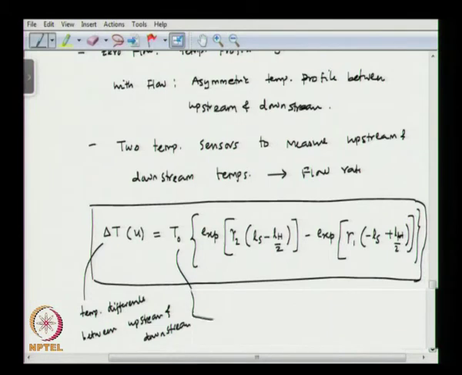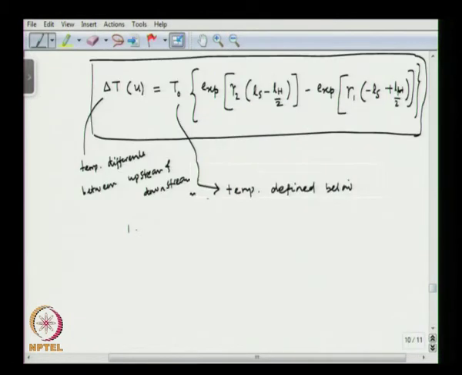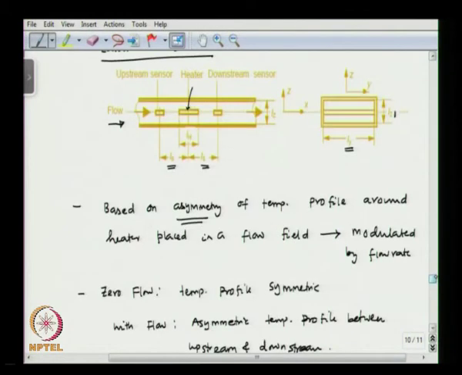We have an expression for this T0, the temperature defined below. 1 is for upstream and 2 is for downstream, as you can see here. So, this is going to be 1, this is going to be 2.